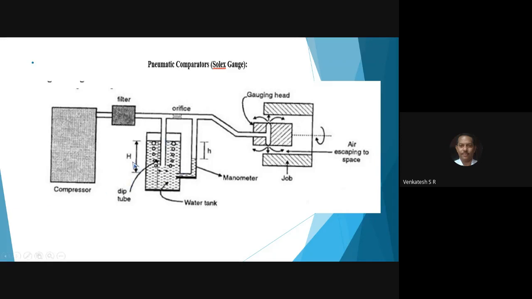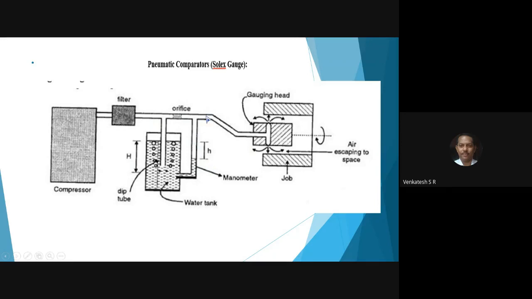In the manometer we usually use mercury or some colored liquid. To measure the pressure of the air, the height of the mercury rises and lowers depending upon the pressure.